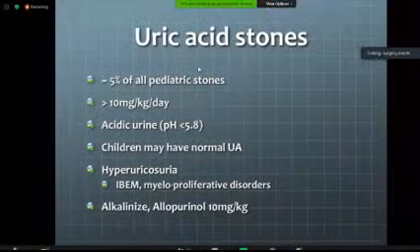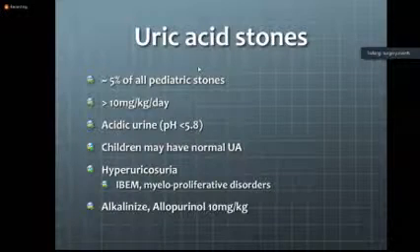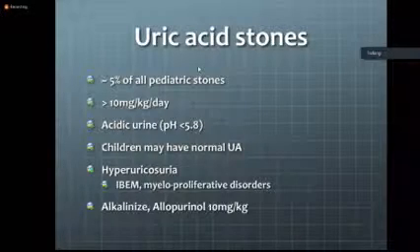So the serum levels do not exclude that they would form uric acid stones. So hyperuricosuria is typically seen in myeloproliferative disorders, or in an inborn error of metabolism in which the xanthine oxidase system is not functioning, and as a consequence, high volumes of uric acid are excreted in the urine.